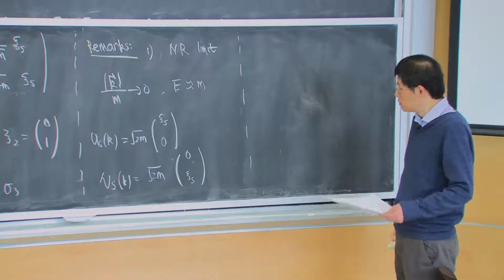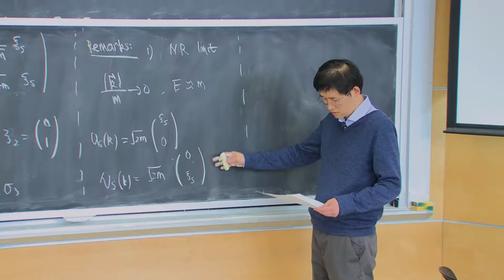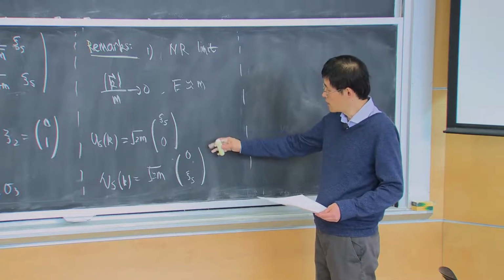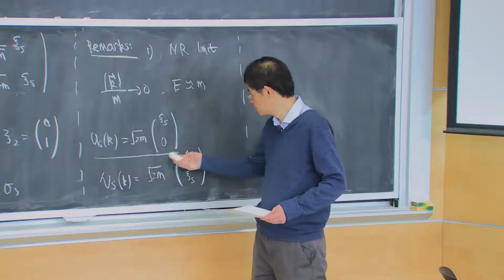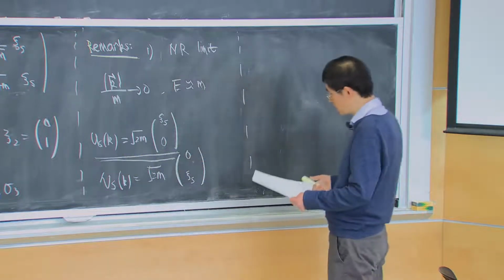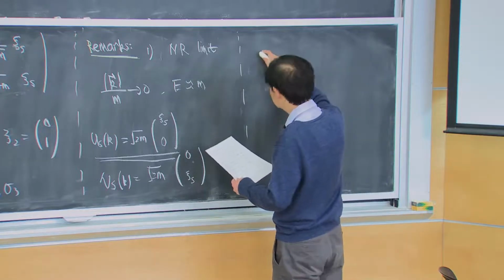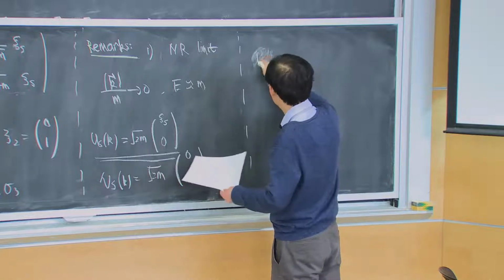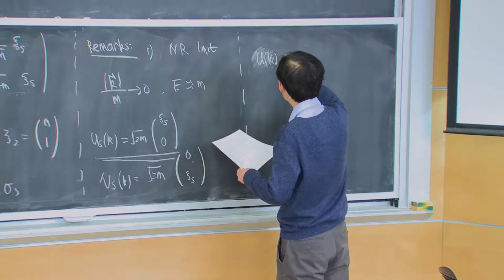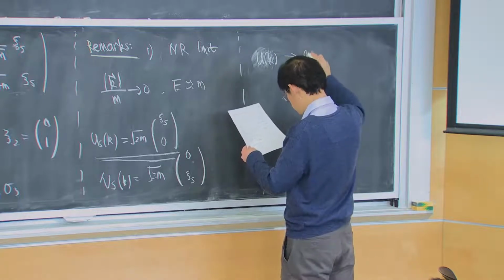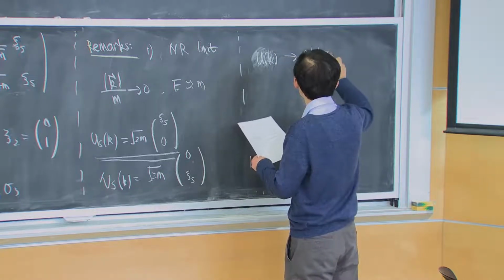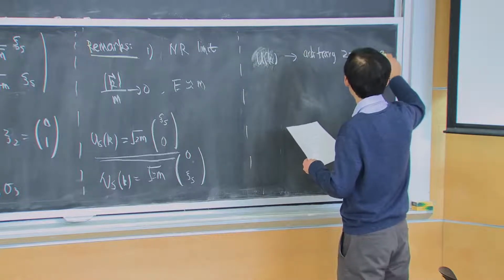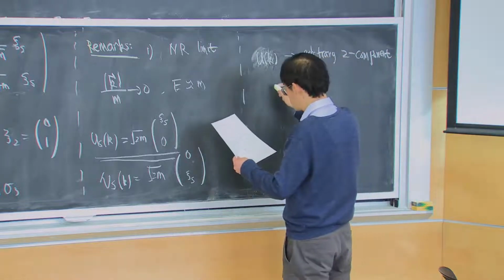So essentially, what you see in the non-relativistic limit, for example, if we look at these positive energy solutions, U_S(K), now you can do linear superposition, and U_K just reduces to an arbitrary two-component complex vector.